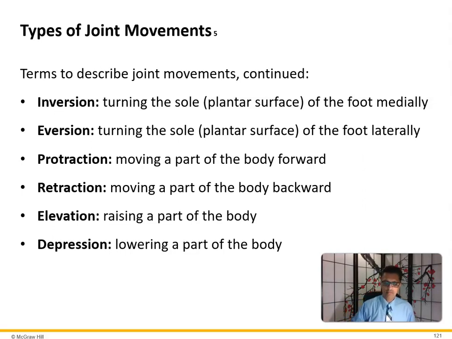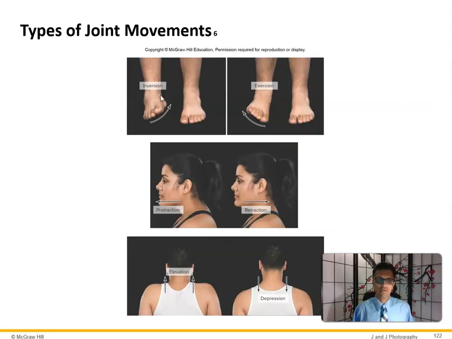Eversion is out. Protraction is like this, or I'm protracting my shoulders. Retraction is I'm squeezing my shoulder blades back, or I'm bringing my chin in. Elevation is up, and depression is down. So here's inversion of the ankle, eversion of the ankle, protraction of the jaw, retraction, elevation, depression.